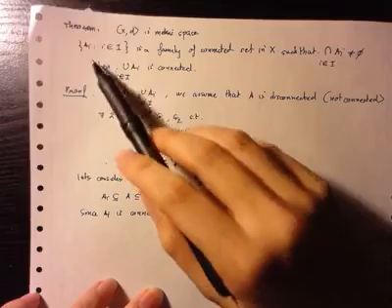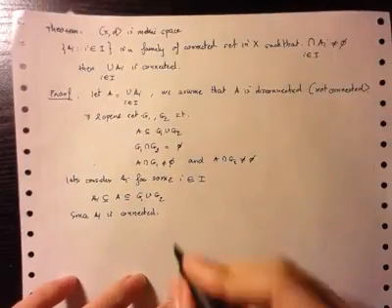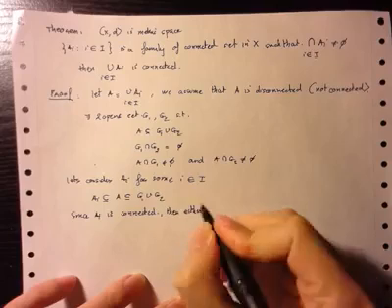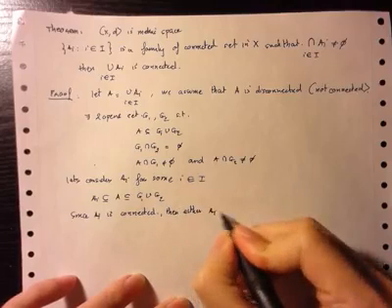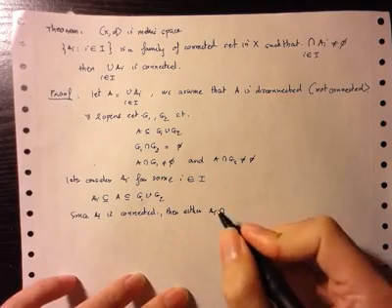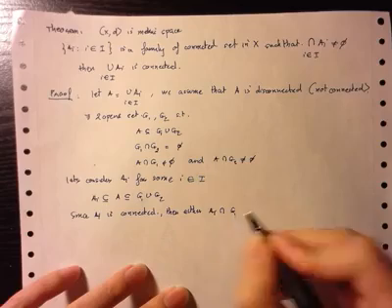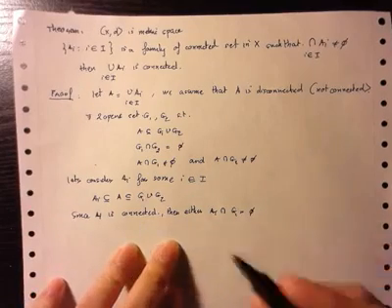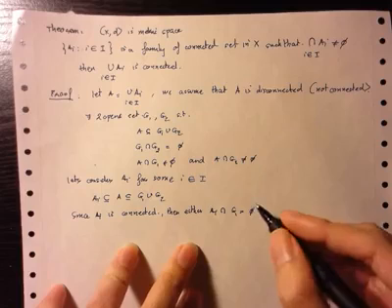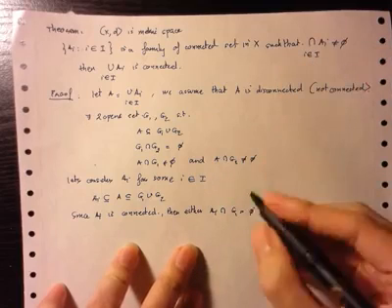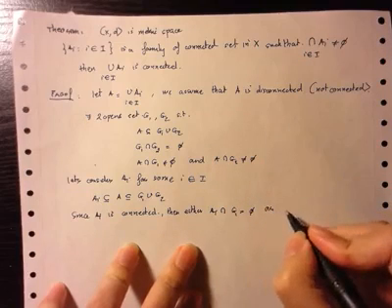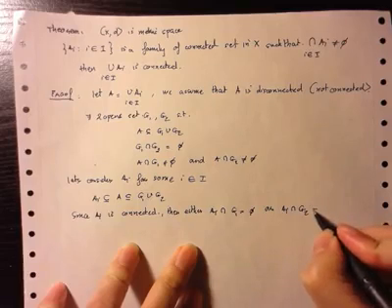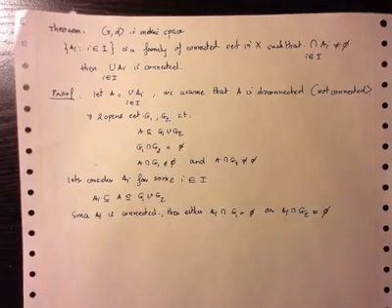But because A sub i is connected, either A sub i intersection G1 equals the empty set, or A sub i intersection G2 equals the empty set.